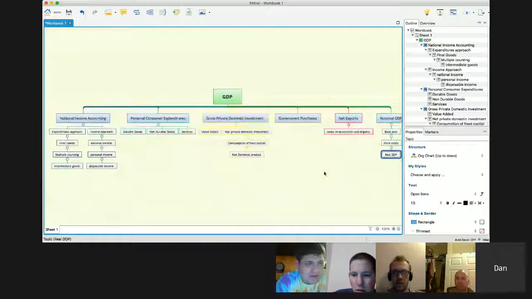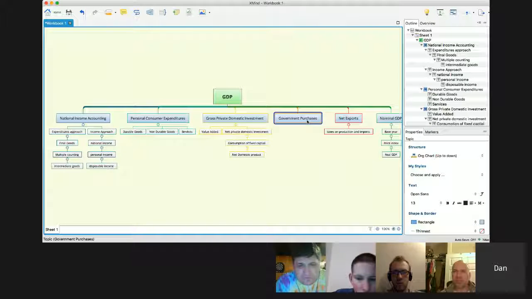Do we get everything on there? Base year, price index, real, nominal, disposable personal, net domestic product. We have net domestic, private domestic. No, we don't have net domestic. Domestic product is right there underneath where it should be. Consumption, government purchases, fixed capital. Okay, yeah, we're good. We got all 26.